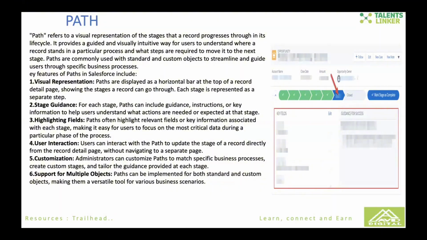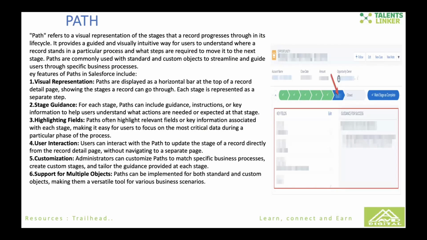It provides a guided, visually intuitive way for users to understand where a record stands in a particular process. What steps are required to move it to the next stage? Paths are commonly used with standard and custom objects to streamline and guide users through specific business processes.